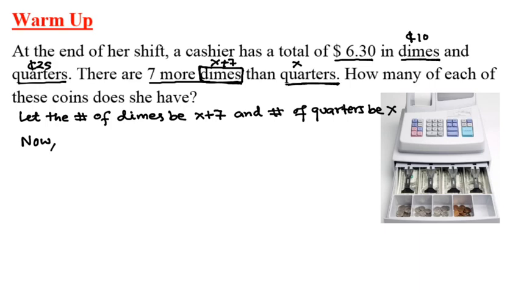From x quarters, you'll have a total of 25x cents. And from x plus 7 dimes, you'll have 10 times x plus 7 cents. And this total money must be $6.30. Because I have everything in cents here, we can write $6.30 as cents. So that is 630.